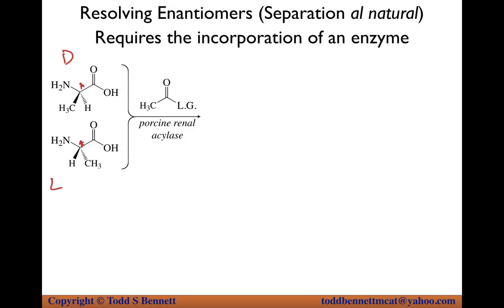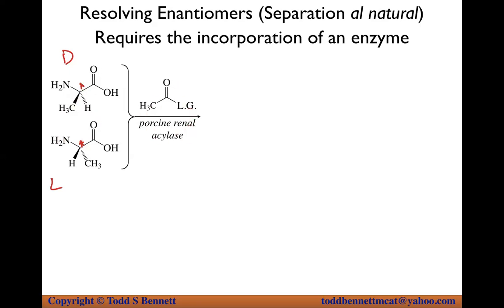Amino acids are naturally occurring. So an L enzyme, an L acylase, anything in an -ase is an enzyme, is going to react with the L and not the D. So if I take this mixture, whether I made it naturally, or isolated it naturally, or synthesized it, I don't know how I got it, and I take a naturally selective molecule.